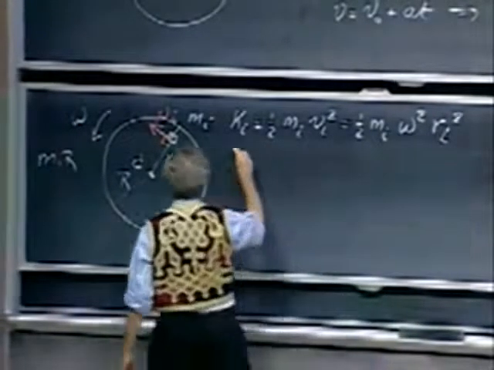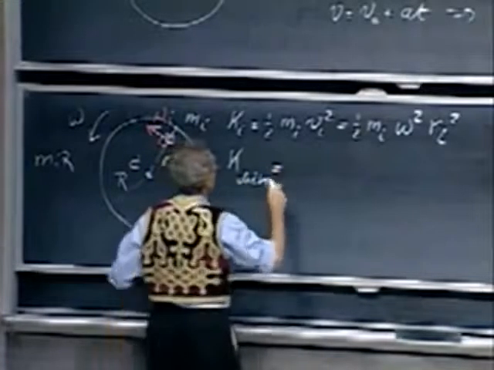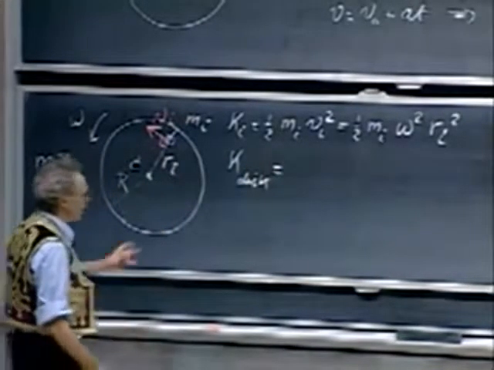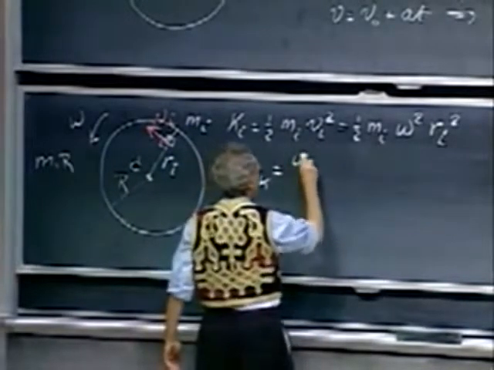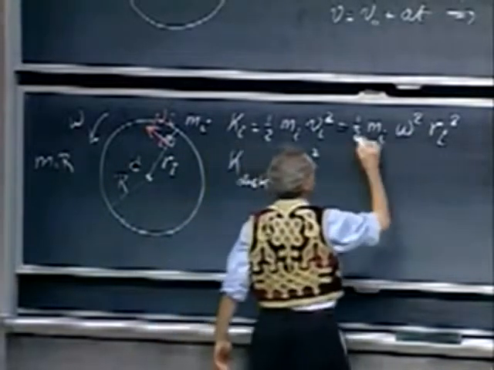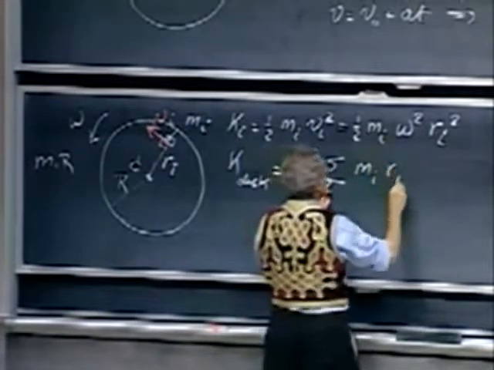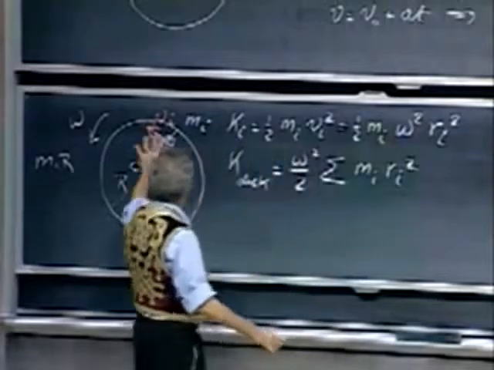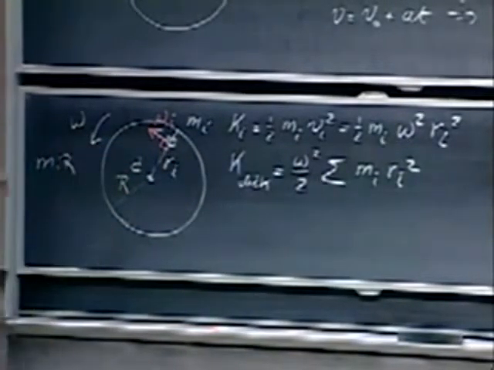So what is now the kinetic energy of rotation of the disk, the entire disk? So we have to make a summation. And so that is omega squared over 2 times the sum of m of i r i squared over all these elements m i, which each have their individual radii r i.